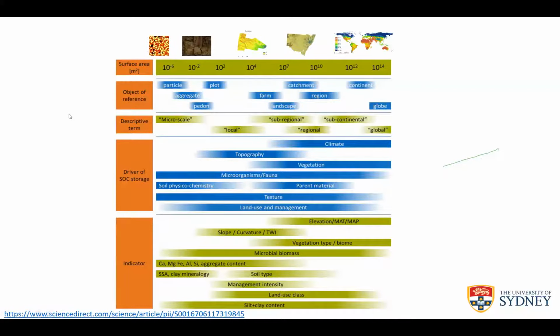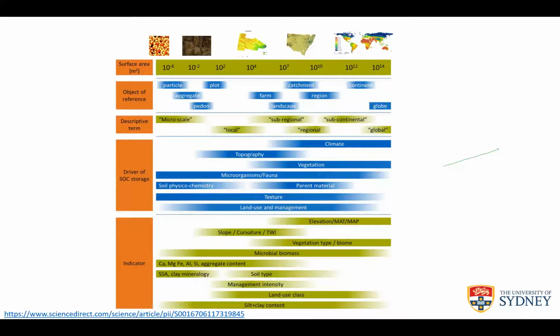Because soil spans all these dimensions, the factors affecting soil carbon are also going to be different. This paper, this link, which you can look at later, is a review paper. They talk about the drivers of soil carbon storage at all these different levels.